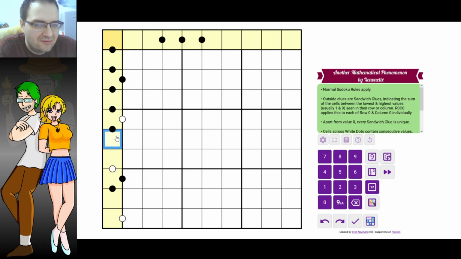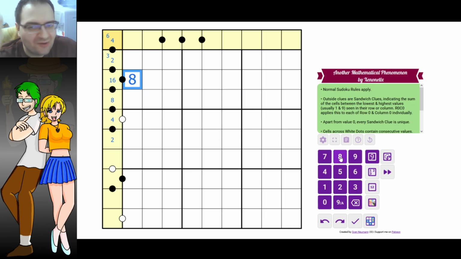Wow. Because 1 doesn't work and 3 is too big. So 2, 4, 8, 16, 32, and 64. Well, we have a digit here. This is an 8. Wow, I got a digit, and we are 7 minutes in. This is a 3 or a 5. Cool.